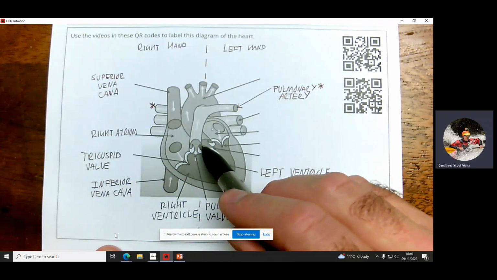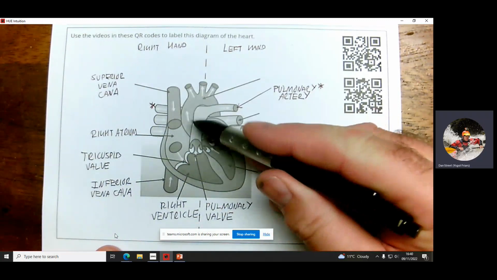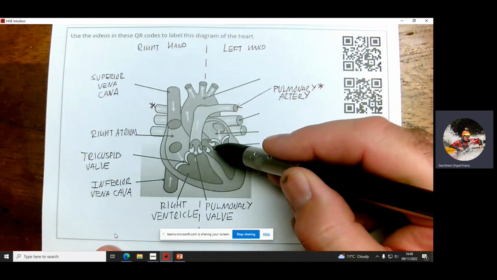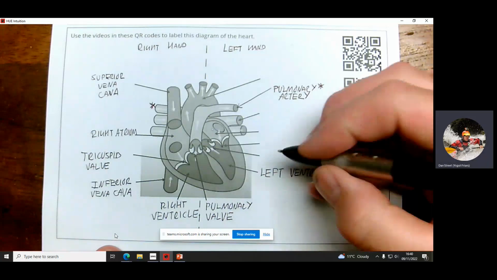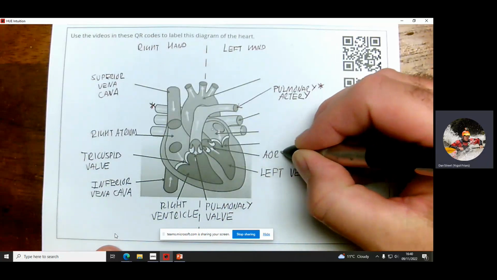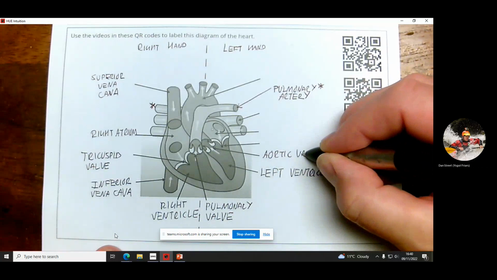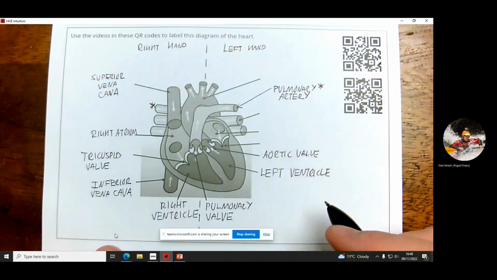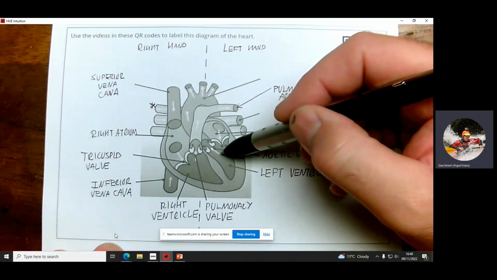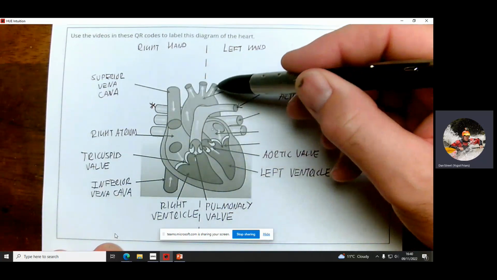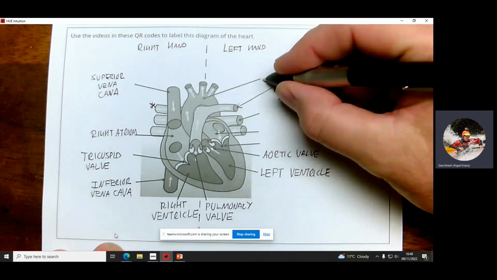Okay, and this valve prevents blood flowing back into the left ventricle. And because it's at the base of this large blood vessel, which is the aorta, this is called the aortic valve. Now this valve, as I say, prevents blood flow back into this vessel, which we've already mentioned is the aorta.